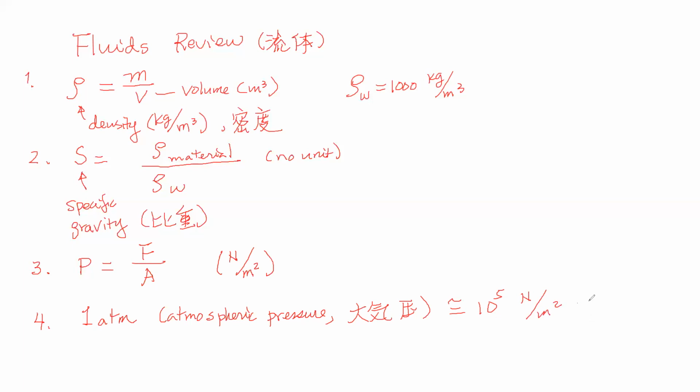So this can also be written as 10 to the 5 Pascal, Pa. Pa means Pascal. You can also write this as 10 to the 5 Pa itself. Also commonly used, it can be written as 10 to the 2 kPa. So k here is kilo, and kilo is 10 to the 3. Okay, so that's number four.